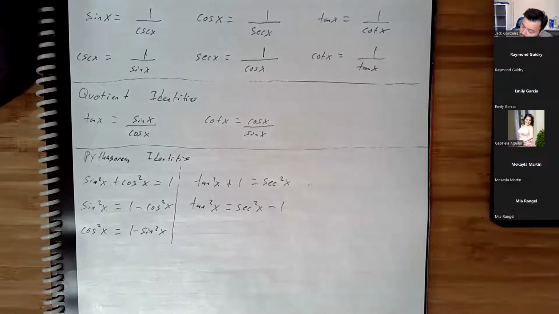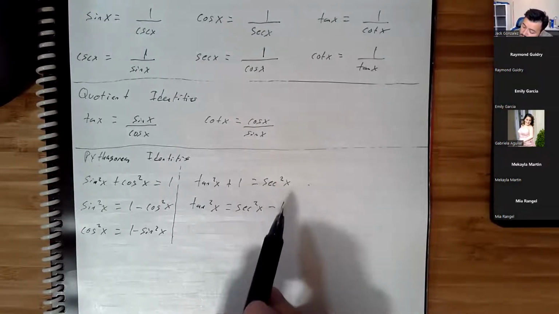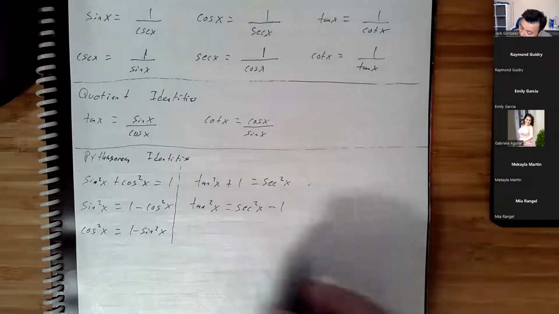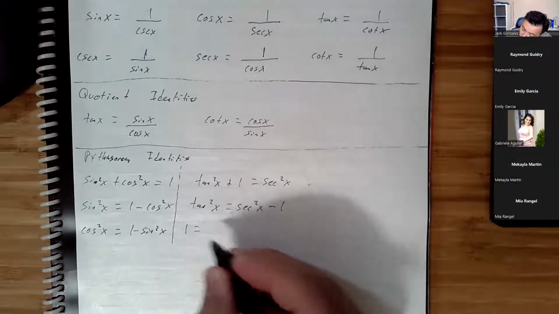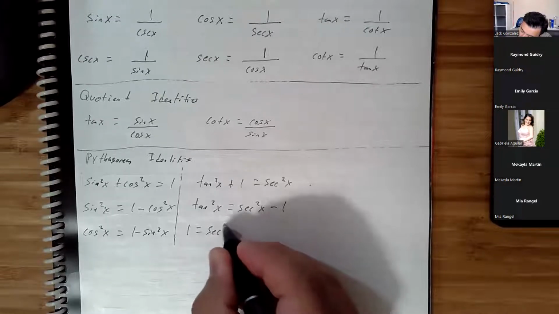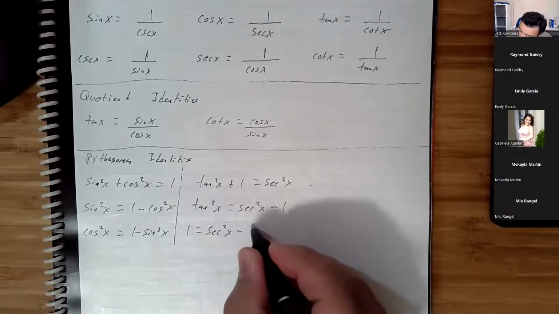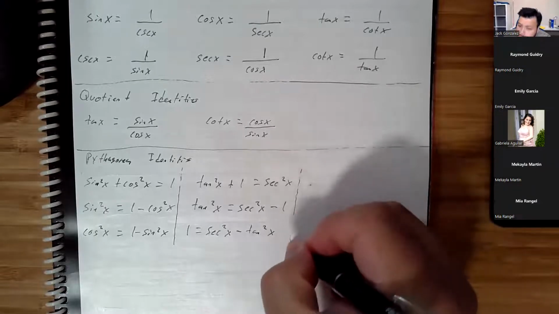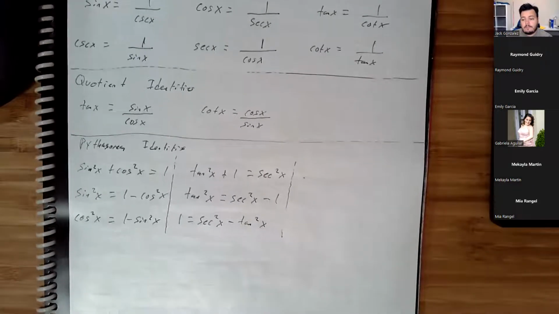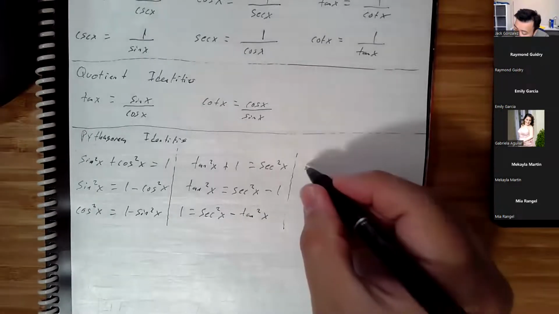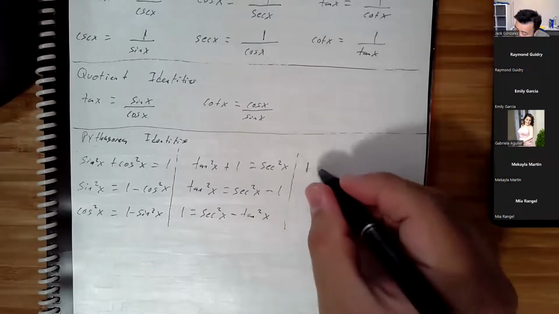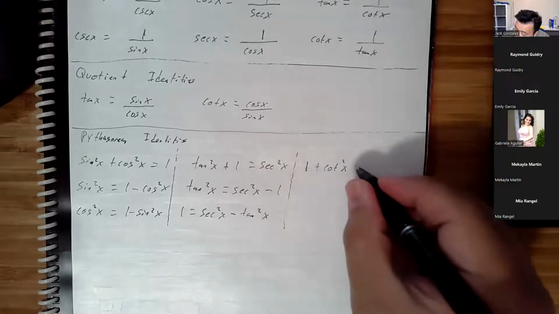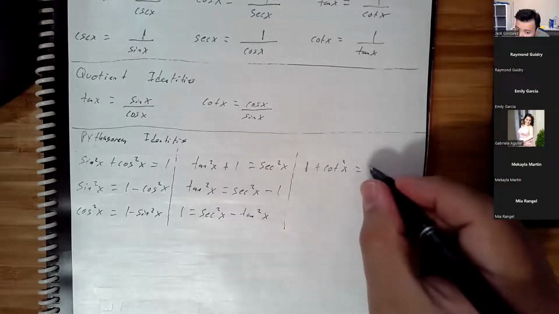Subtract the 1, and then subtract tangent. Divide by sine, you get these guys.